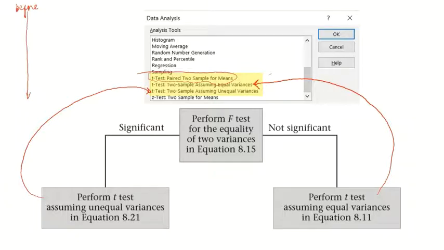And then on the second column of your data, you have the rate of growth after you have let them take the vitamin. Okay? So there's a before and after, and you want to compare the means of these two. Is there really a difference between the means of these two? You use the first t-test, the t-test paired two sample for means. Okay, that's a before and after test.